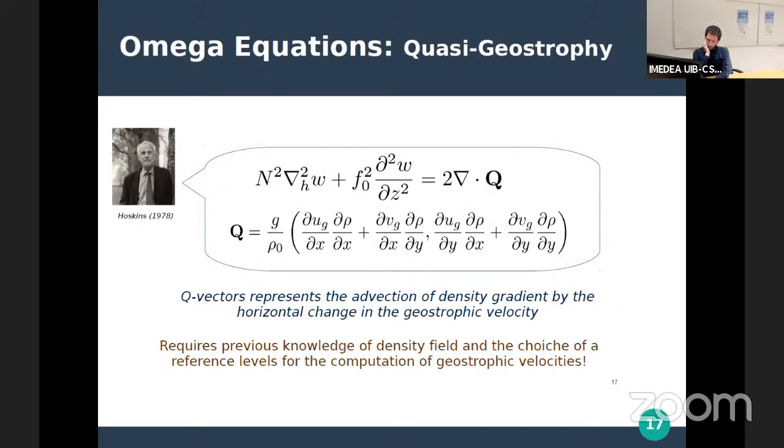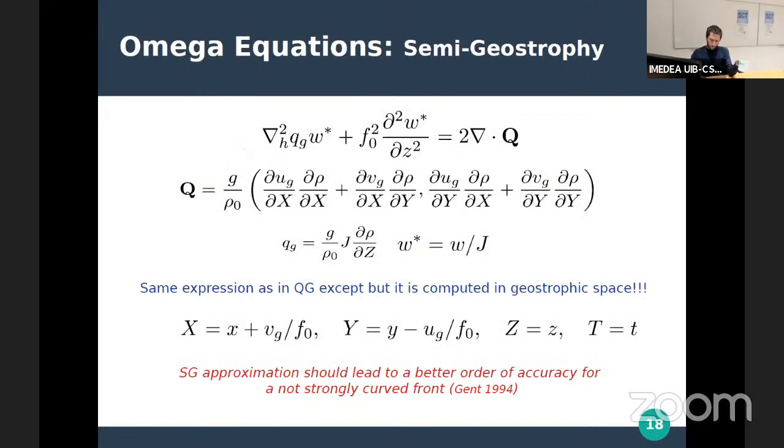The limitation of this approach is that it should be used in an area where the Rossby number is quite small, so smaller than 1. But we have also been using another approach. The equation is similar, but you have to make a coordinate change.